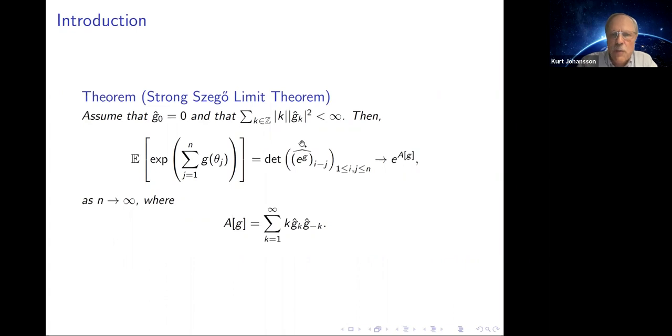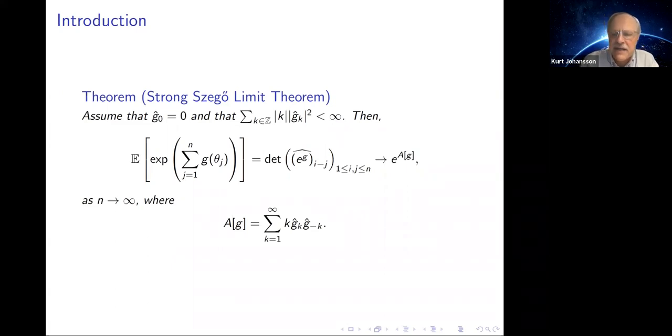If we have this Toeplitz determinant here, and we assume that the mean of g is 0 on the unit circle, and that this expression here is finite, then the limit of this Toeplitz determinant as n goes to infinity is e to A(g), where A(g) is this quadratic expression in the Fourier coefficients. This is a classical result of Szego, proved under somewhat stronger conditions in the early 1950s.